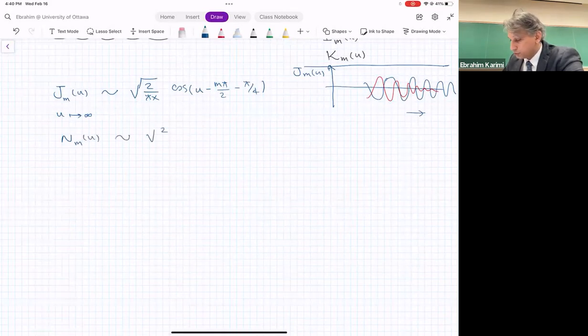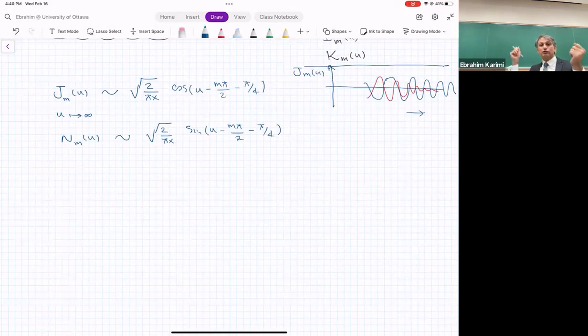Square root of 2 divided by pi x, sine of U minus m pi divided by 2 minus pi divided by 4. So that is a sine for us, because we know that sinusoidal sine and cosine are complete bases as well. And on the other side, they complement each other.